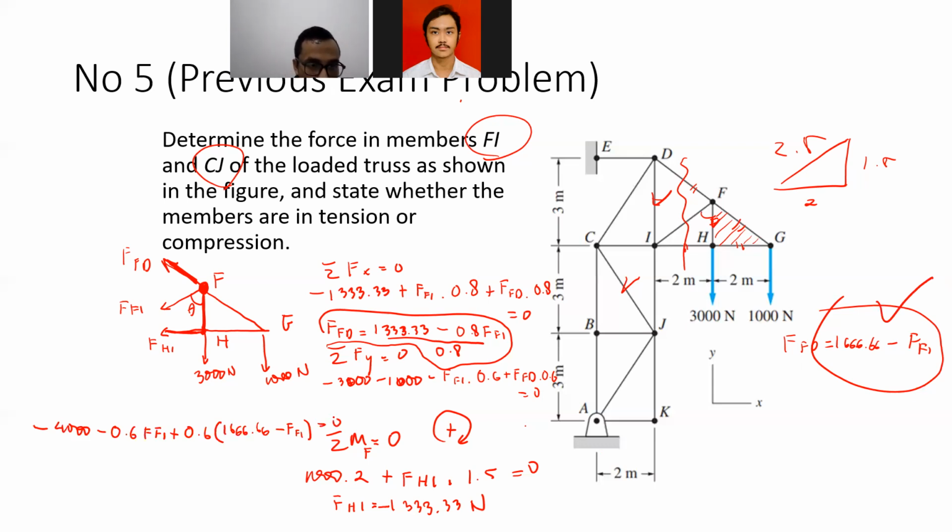From there, we have minus 4,000, still minus 0.6 FFI, plus 1,000, minus 0.6 FFI.